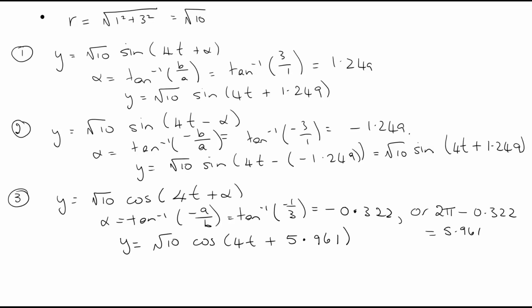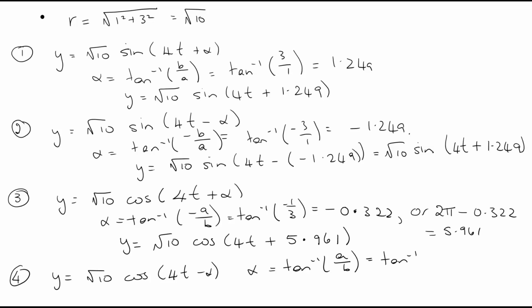And if we do it the other way, the final way, writing it as y equals root 10 cos 4t minus alpha, I'm just running out of room. Alpha for this one is tan inverse a over b, which is tan inverse of 1 over 3, and that's 0.322.